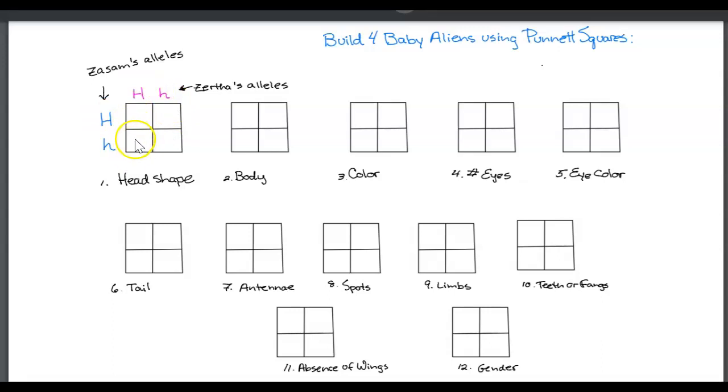The third baby, which is this square right here, would be, again, a dominant and a recessive form of the allele. And then the fourth baby would have only the recessive, or homozygous recessive, alleles for head shape. So essentially what I would see, because we said that the allele is a dominant allele, is that all 3 babies would have an alien head shape, but the 4th baby wouldn't.